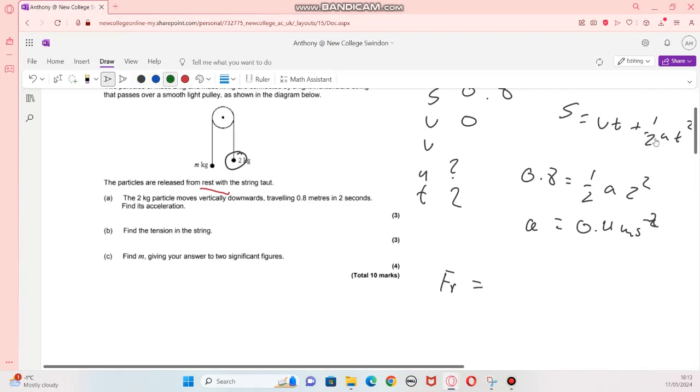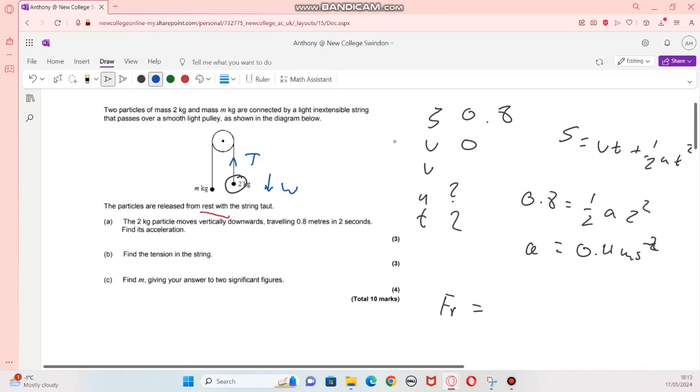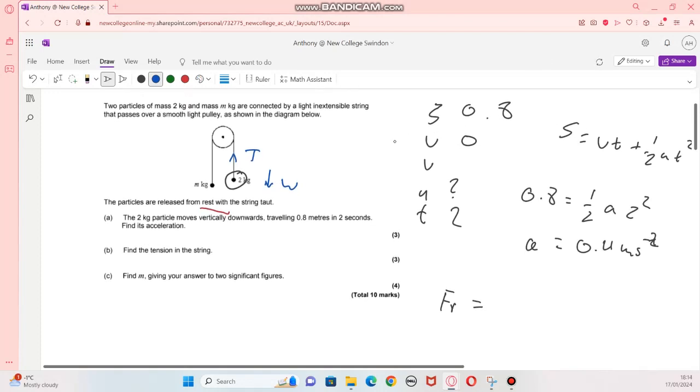We've got weight acting downwards, and in the string we've got tension acting upwards. Let's go back to the question: the 2 kilogram particle moves vertically downwards, so it's moving in a downwards direction.